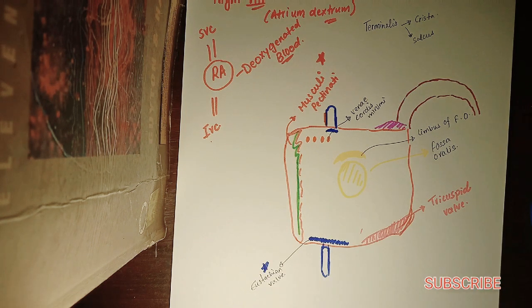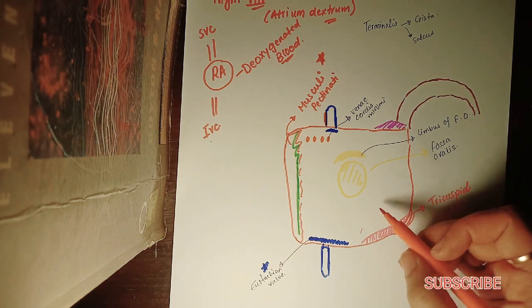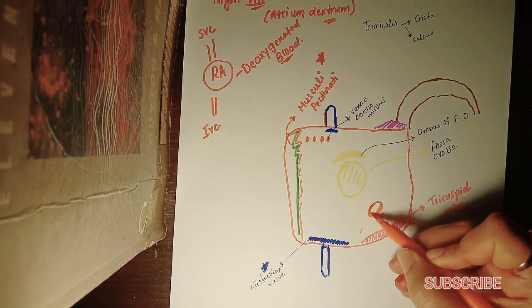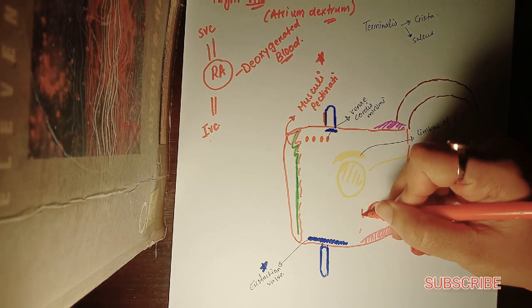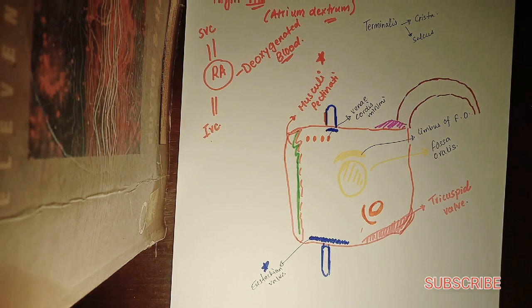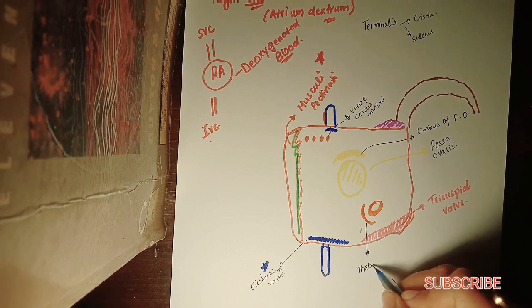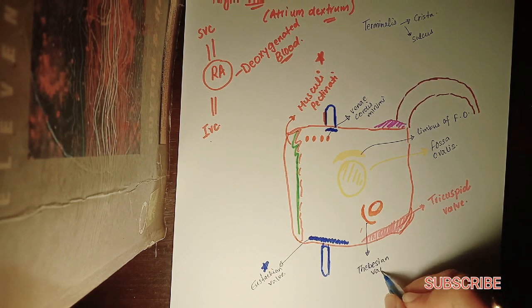Now we have the coronary sinus located in the right atrium, somewhere here. The opening of the coronary sinus is known as the Thebesian valve.